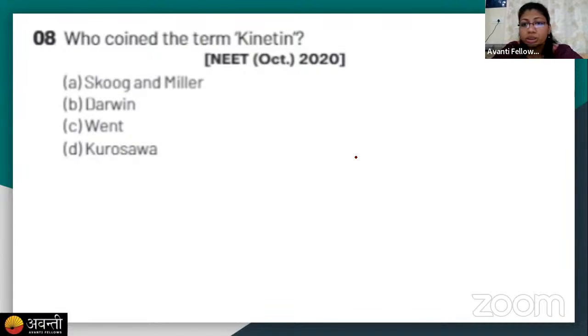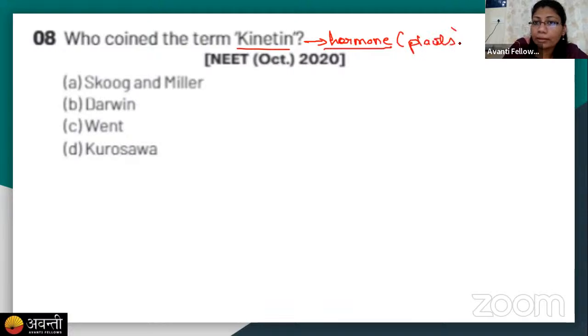So here is your result that you have opted for. Let's find out. Kinetin is a term used for a hormone which is found in plants, commonly known as cytokinin.